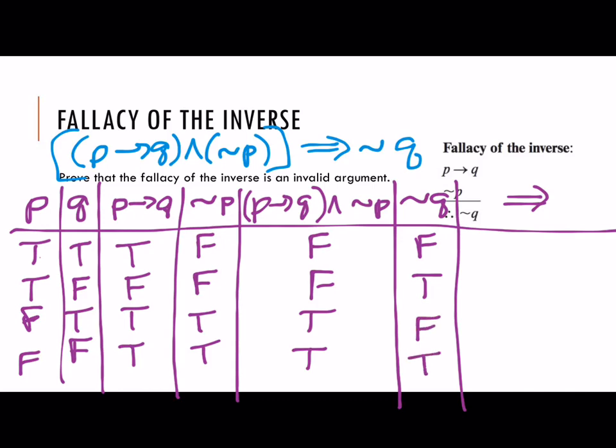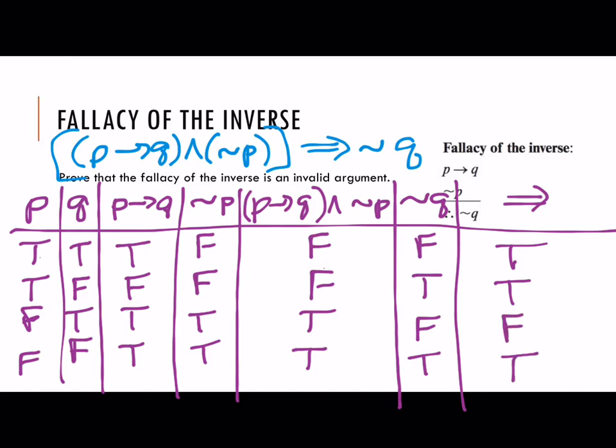And then finally, does this column imply this column? Okay, so false, false. False implies false is true. If false, then true is true. If true, then false, well, that's false. And if true, then true, that's true.